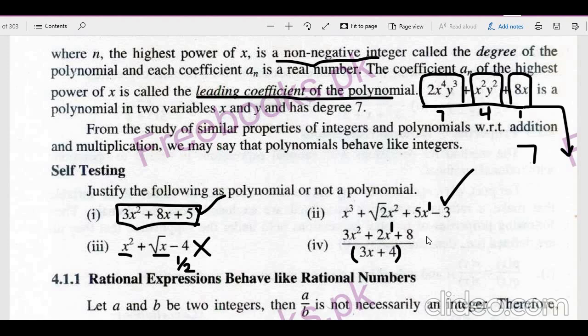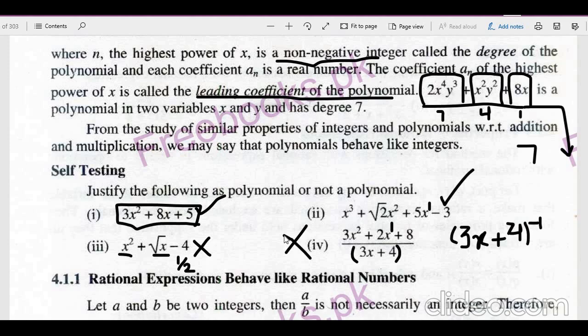When we take it to the numerator side, then it becomes 3x plus 4 with exponent minus 1. Now there is also x, so the exponent of this x is not a positive integer, so it's also not a polynomial.